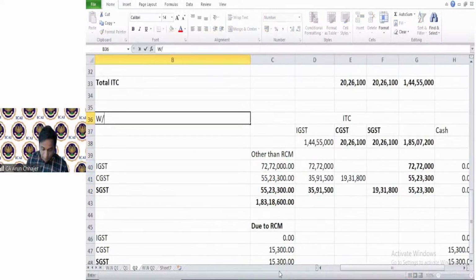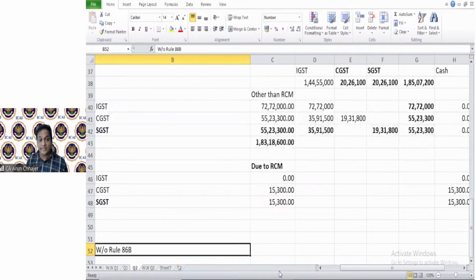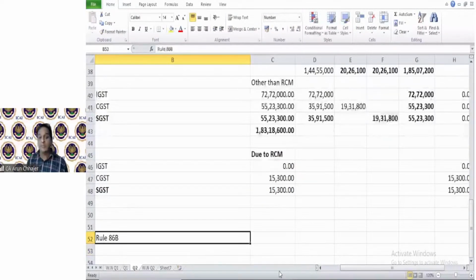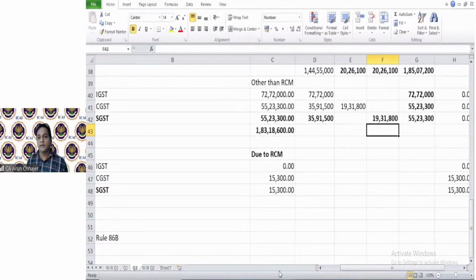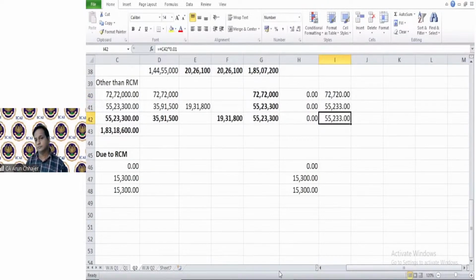This is without Rule 86B. Now you may also think, if Rule 86B would come into the picture, then what happened? I can say the 1% liability is to be paid in cash. So this much of the amount you have to pay in cash.